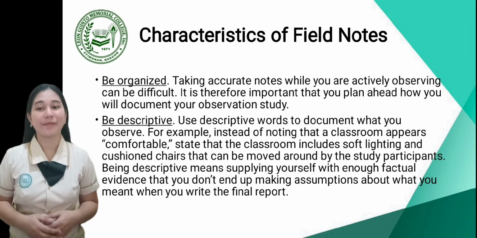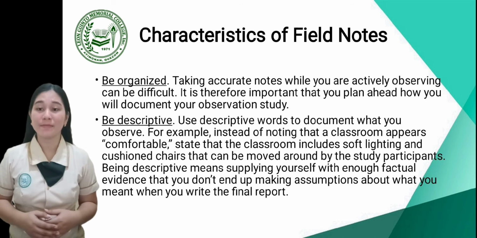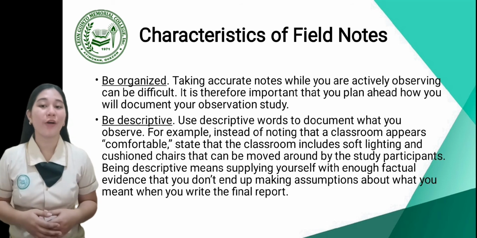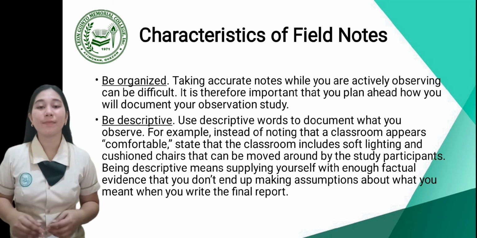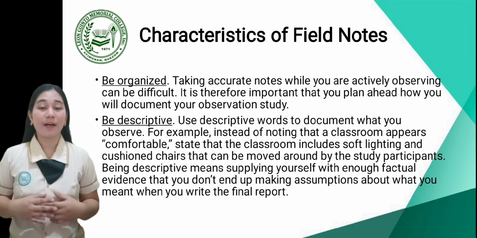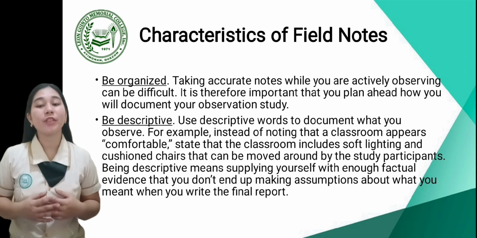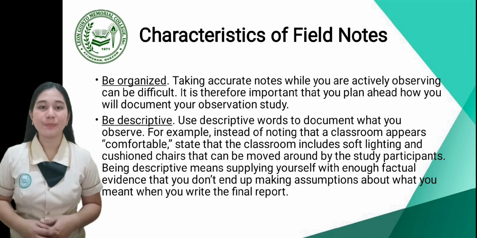For example, instead of noting that the classroom appears comfortable, state that the classroom includes soft lighting and cushioned chairs that can be moved around by the study participants. Being descriptive means supplying yourself with enough factual evidence that you don't end up making assumptions about what you meant when you write the final report.